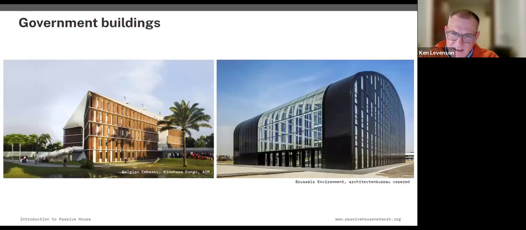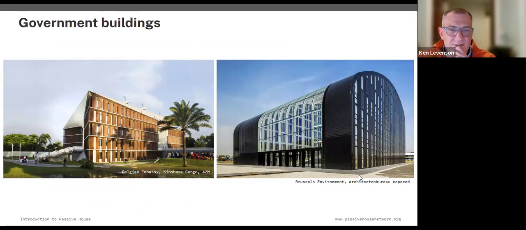Buildings of complexity and different usages. Government buildings here are typically sort of glorified office buildings, but we have the Belgian and the Dutch embassy in Kinshasa, Congo, passive house, and in Brussels where they've mandated passive house.